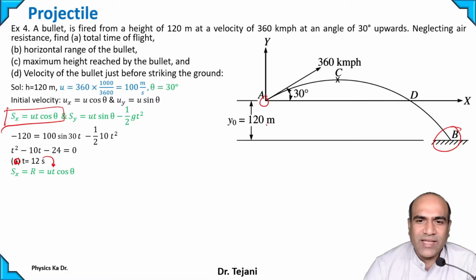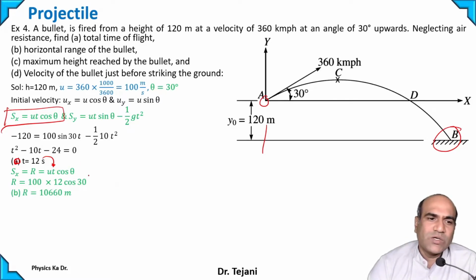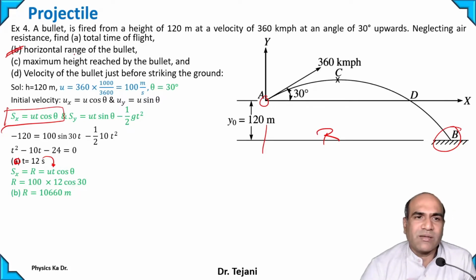That means we need to find the range. Cos theta we have. So 100 multiplied by 12 cos theta gives range is equal to 1060 meter. So we got the horizontal range.